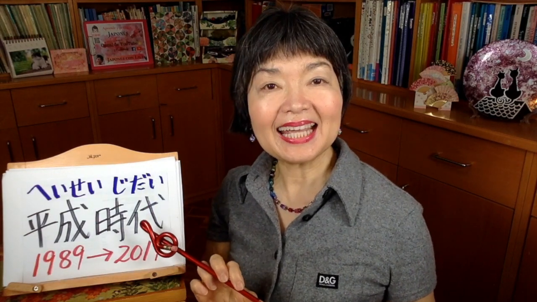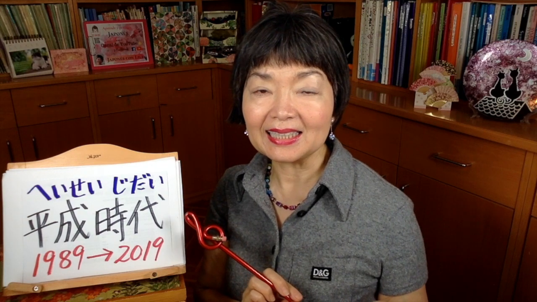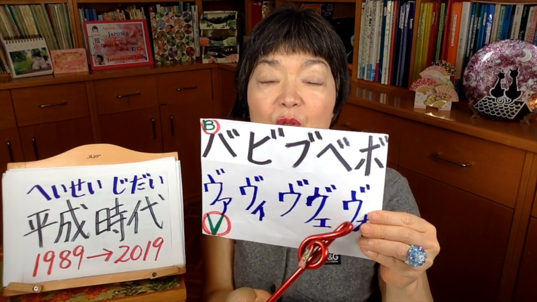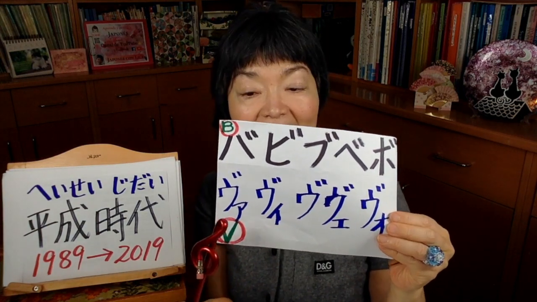But in Heisei Jidai, Heisei period, Heisei era, from 1989 till 2019, so very near from now, in 1991 the Japanese government said we can also use va, vi, vu, ve, vo again, with V sound, when we want to say this is V sound.